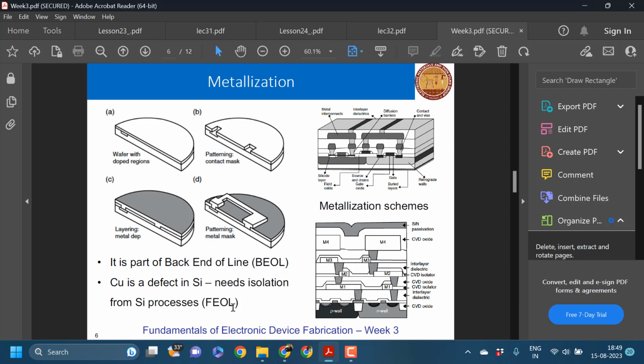It involves the fabrication of the active and passive elements of the circuit. Metallization actually is part of back end of the line. These are metallic layers that are used to make interconnections between the various active and passive components manufactured in FEOL, and then finally connected to the external devices. So that is the metallization process. A variety of techniques are used for depositing metal layers in an IC.